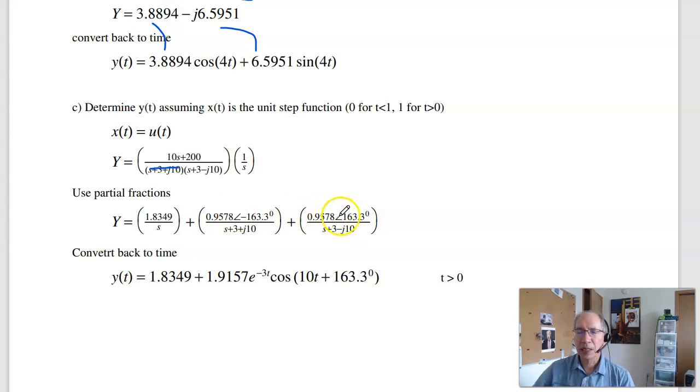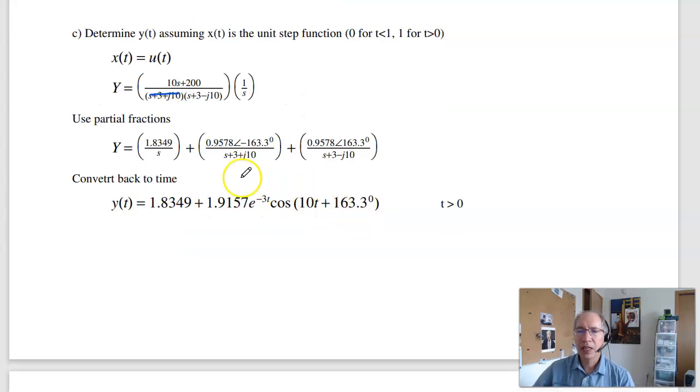And its complex conjugate over here. Taking the inverse Laplace transform, that's just 1.83. This one is twice the amplitude, 2 times 0.95. The real part is your exponential, the complex part is the frequency, and for the phase, it's the phase over the minus j term, plus 163 degrees.